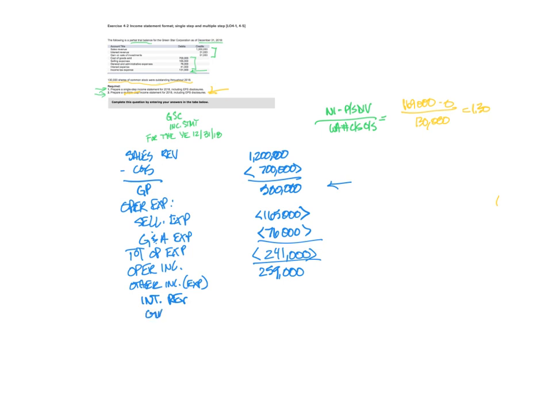Gain on sale of investment is also considered other income here. This is from peripheral or incidental transactions. And like I just mentioned, interest expense as well will be classified here. So we'll list these out. We've got 31,000. We've got 51,000. And we've got 41,000.